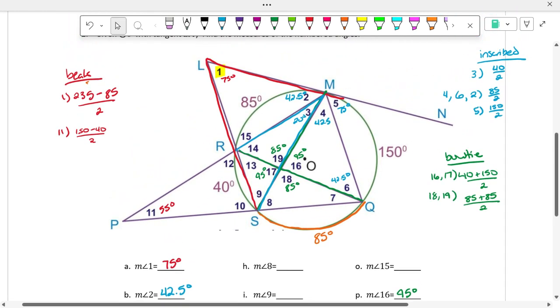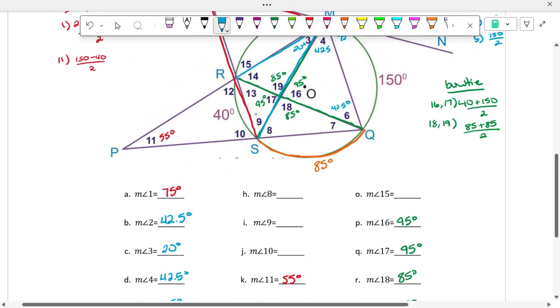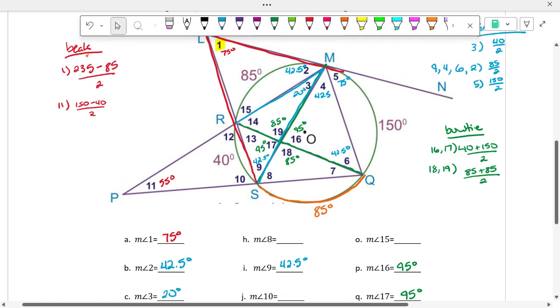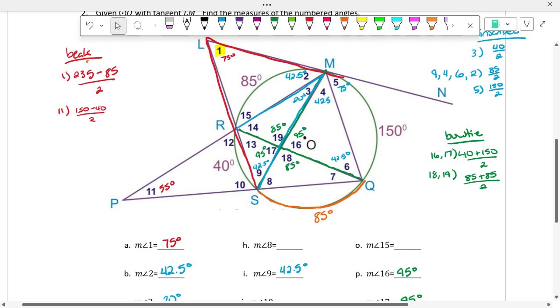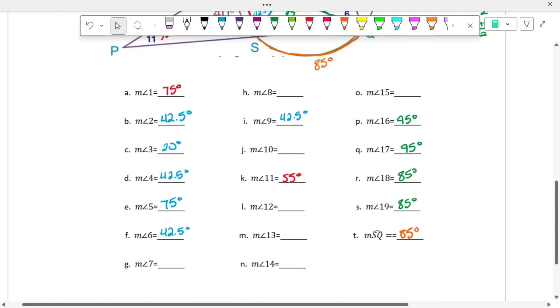It's the same as all the others that we've done so far, so it's 42.5. 10 is not. 13, yes. What's its intercepting arc? 85. So it's still 42.5.